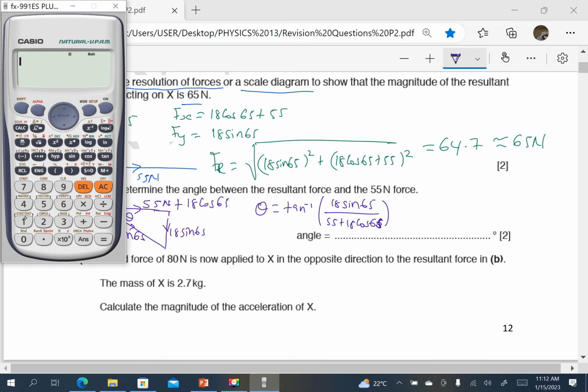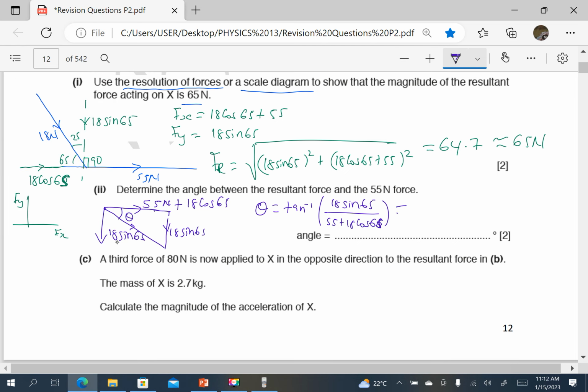So I have 18 sine 65 divided by, open brackets, 55 plus 18 cos 65, close that bracket. That's what you get. So we get the tan inverse of the answer, and it is 14.6 or approximately 15 degrees.